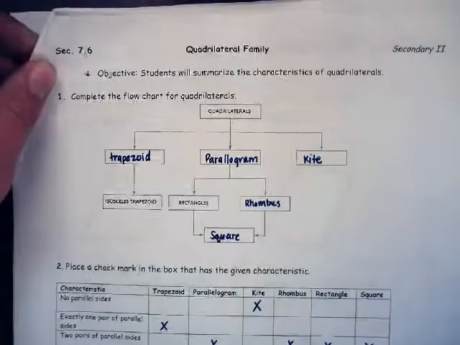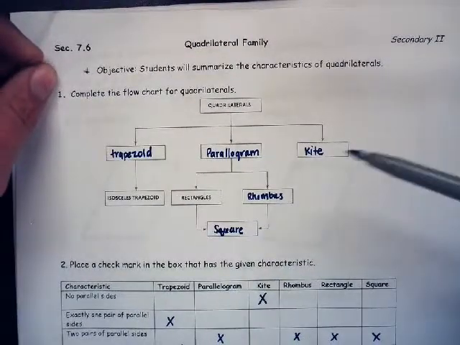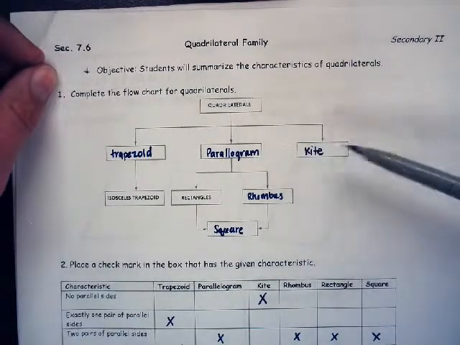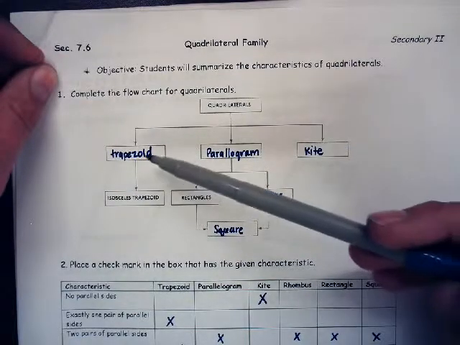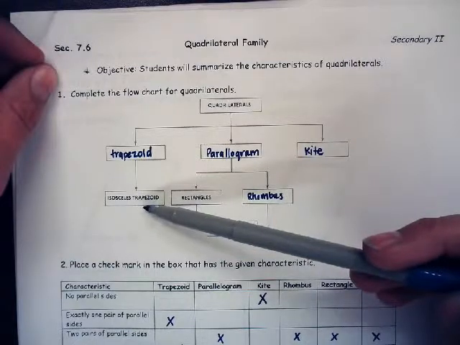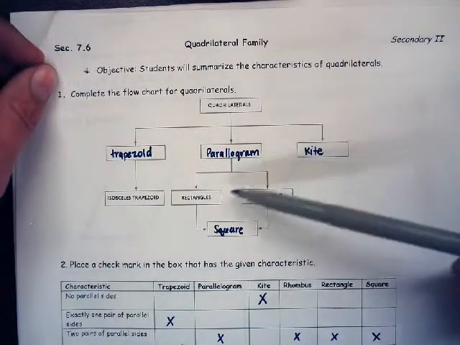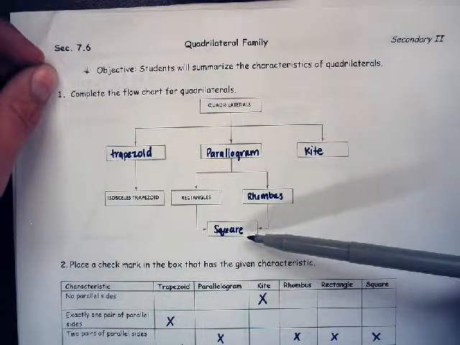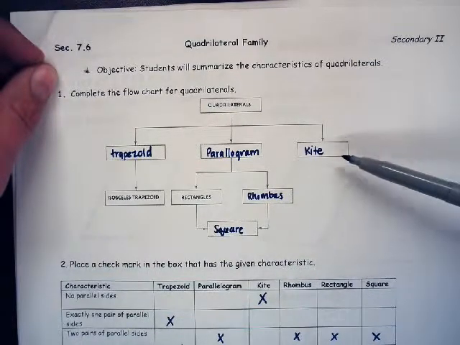So we summed up the quadrilateral family, which is what we've been talking about the last few days. So we have quadrilaterals. That breaks into three things: trapezoid, parallelogram, and kite. Trapezoid breaks down into isosceles trapezoid. A parallelogram breaks into rectangle and rhombus, and they both break down into a square. And then we have kite over here by itself.